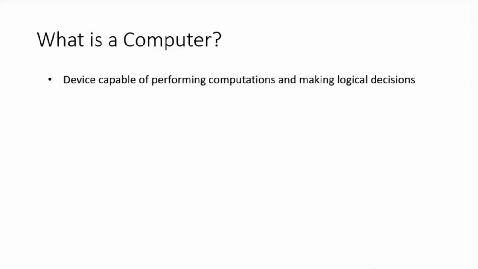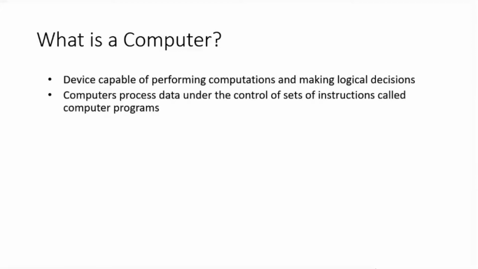So it is not an electronic device. So when the electronic components were used to make computers, the computer became very cheap and computationally more efficient and more powerful also. That's it. So then the computer processes data under the control of sets of instructions called computer programs.